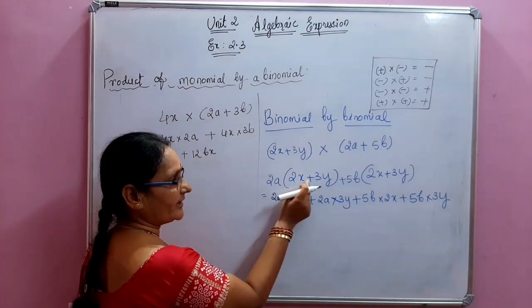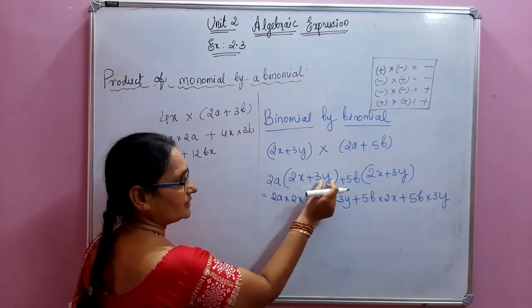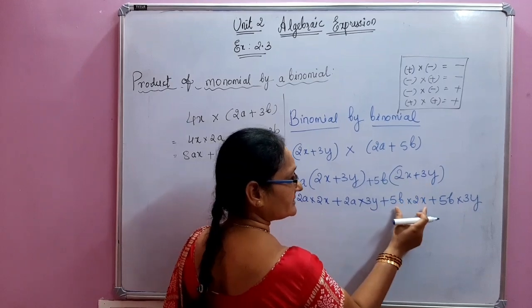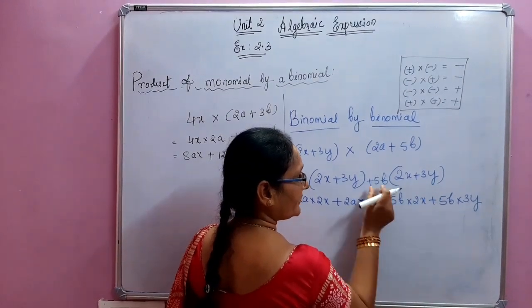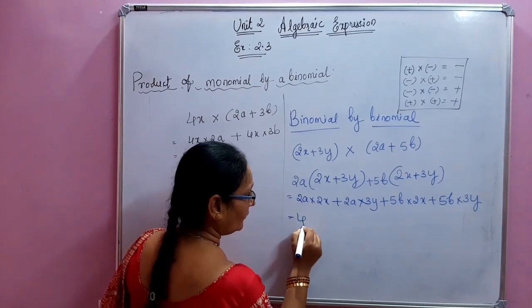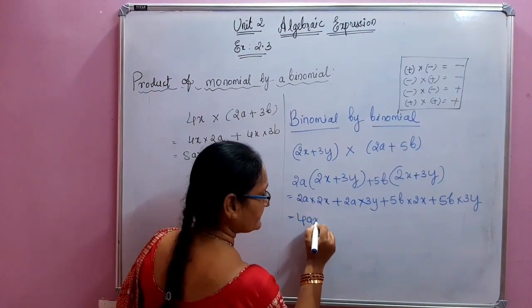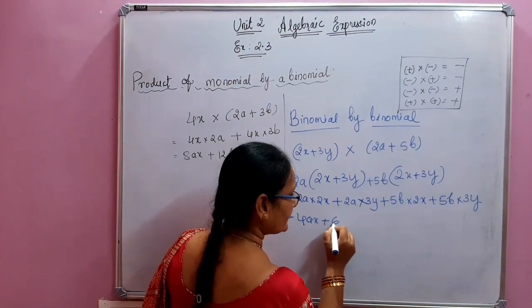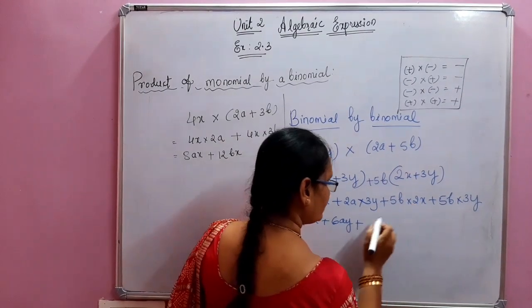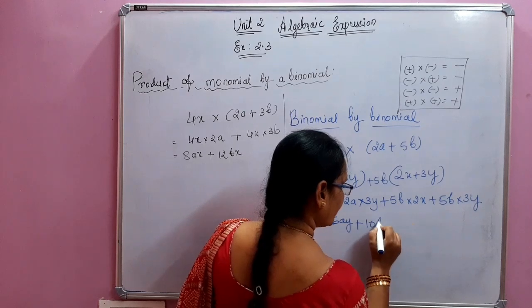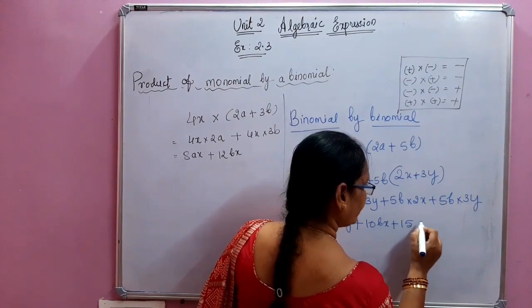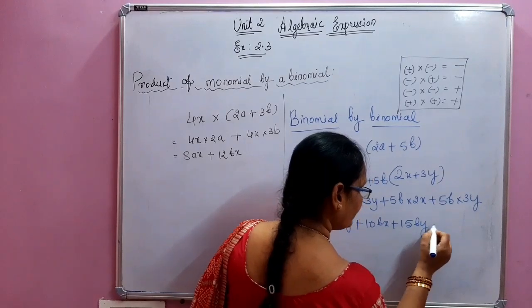Let us write now. 2 2s are 4, a into x, ax, plus 2 3s are 6, a into y, ay, plus 5 2s are 10, b into x, bx, plus 5 3s are 15, b into y, by.